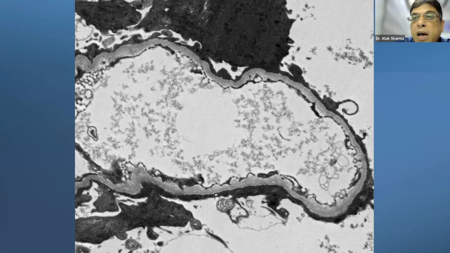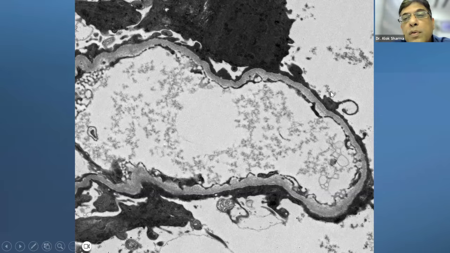I'll come to why I am calling it primary, and what we mean by secondary FSGS. Think of a scenario where there is an FSGS, you have a clinical syndrome where the proteinuria is maybe less than 2 grams, but still you find an FSGS on the biopsy. And then when you do an EM examination, you do not find this diffuse effacement. You find only very focal areas of effacement, and most of the podocyte foot processes are aligned. That FSGS which you are seeing is a secondary FSGS.